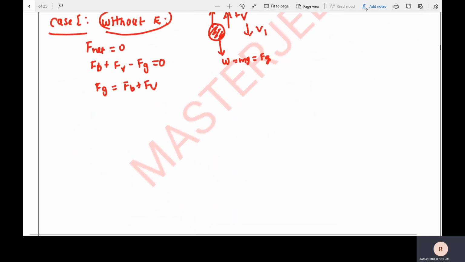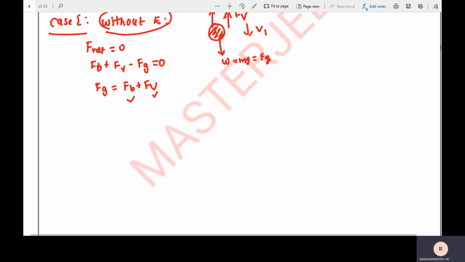Buoyancy force: if you place any object immersed in water, there will be some upthrust or upward force. That upward force is buoyancy force. And viscous force is the force which opposes the motion of the fluid.